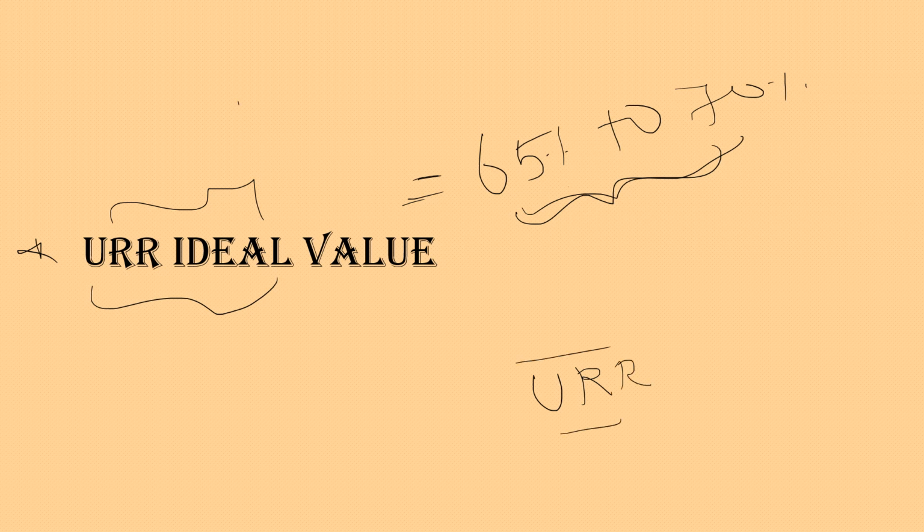So what are the disadvantages of this formula in calculating the adequacy or clearance? Let us discuss that. The disadvantage is that it might not represent the exact clearance because many problems come during the calculation.